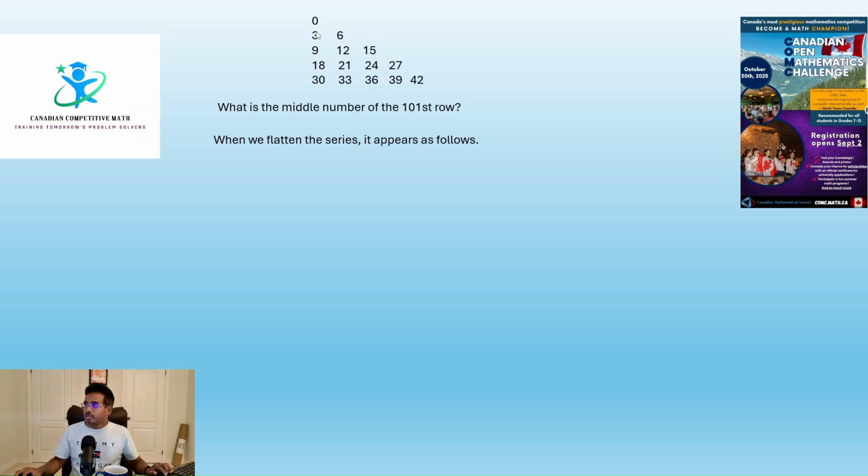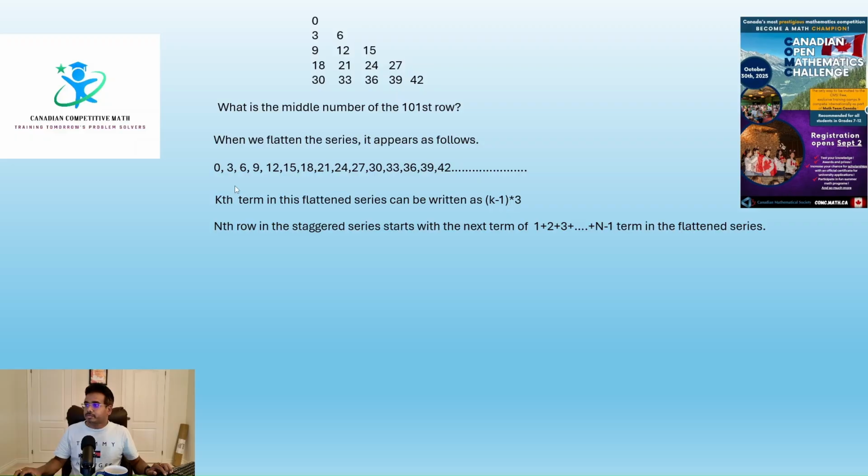If you look at this series and flatten it, flatten means take all these numbers, which are now arranged in a triangular arrangement, and write all of them in a single line. You can see that it starts with 0, next is 3, 6, 9, 12, 15. So what is this?